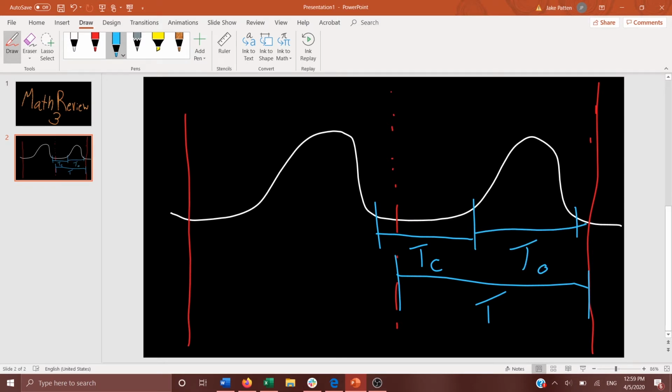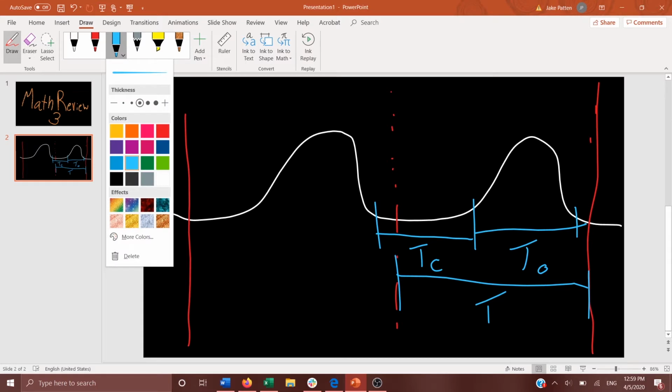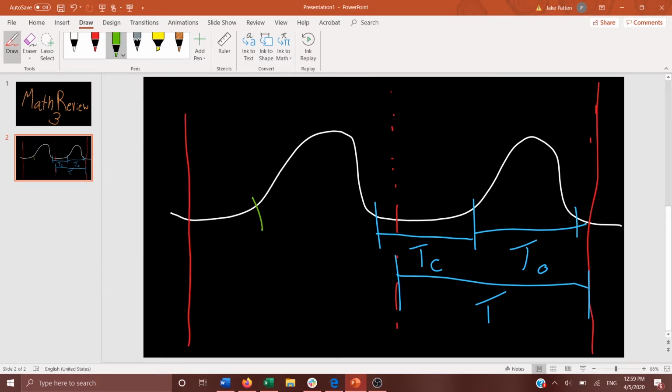That's the time open. And the last two are a little bit more finicky. So we'll go from here to about here. We'll denote this as TP.